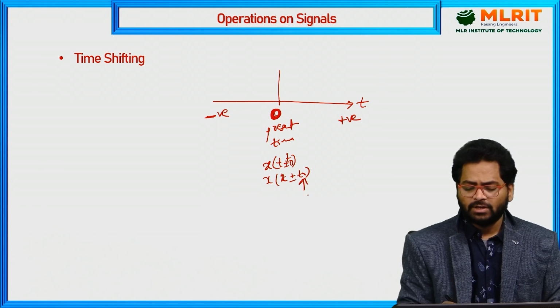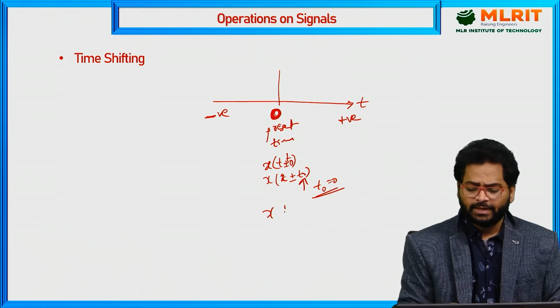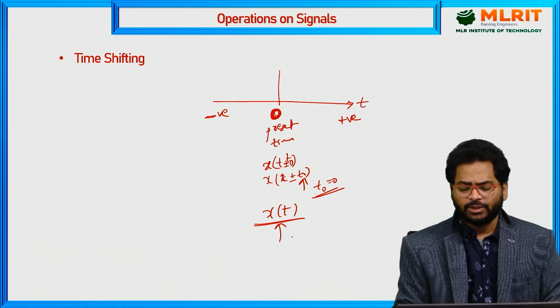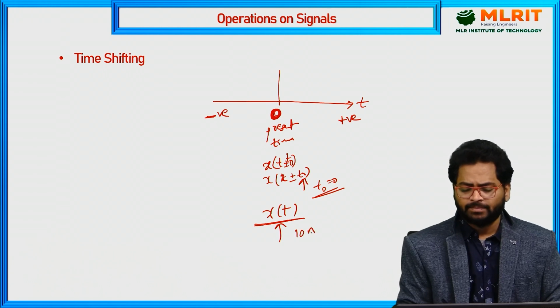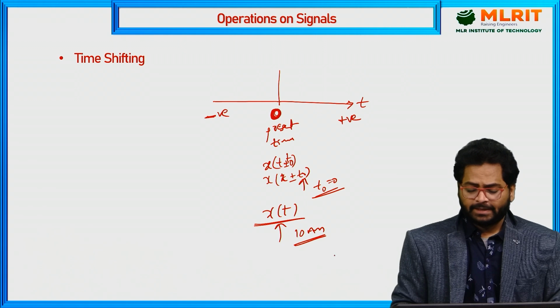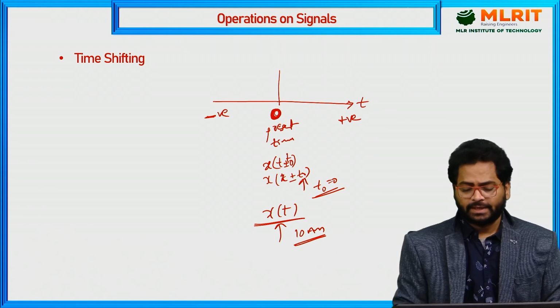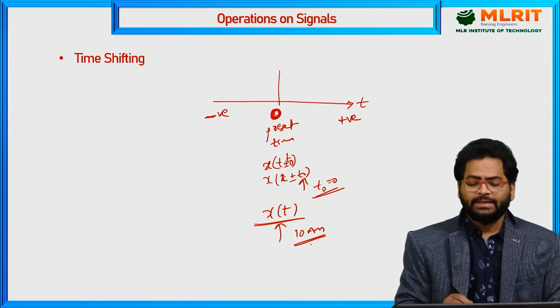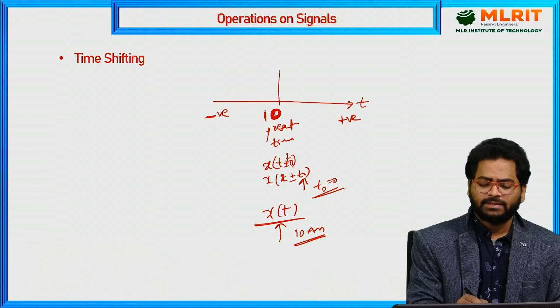If t naught equals 0, the signal becomes x of t only, which means you are at the exact scheduled time. Let us take it as 10 a.m. The train is scheduled at 10 a.m.